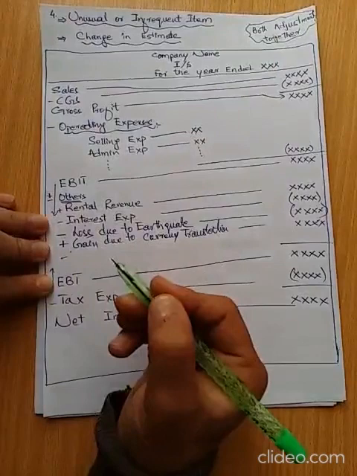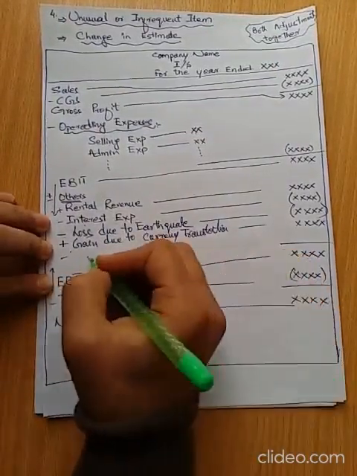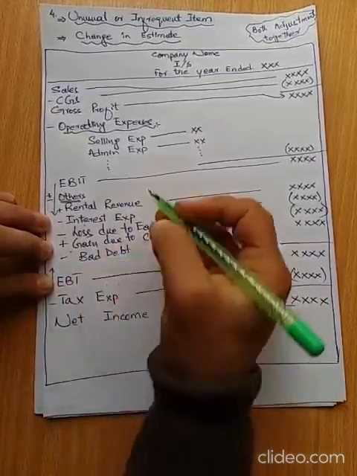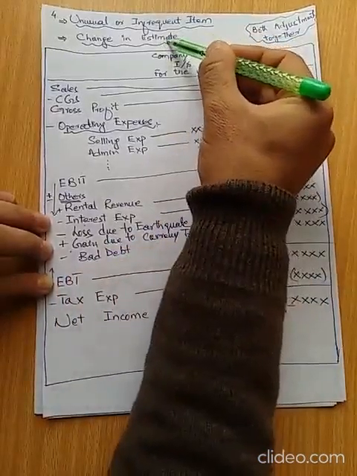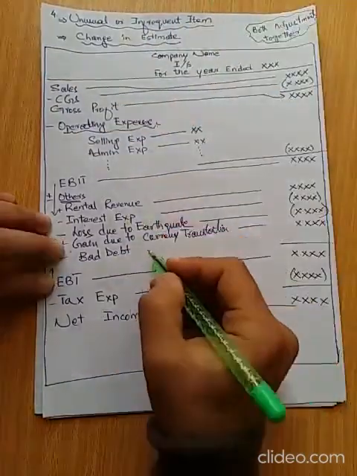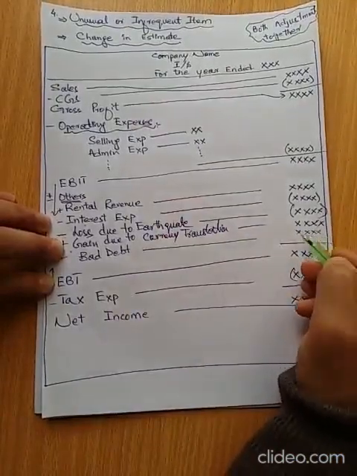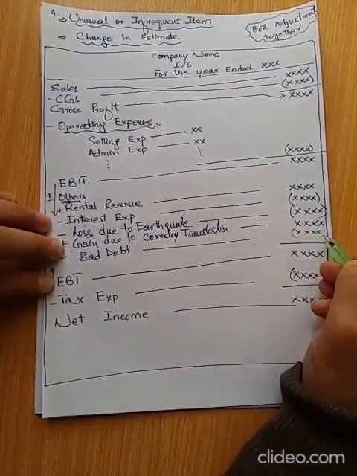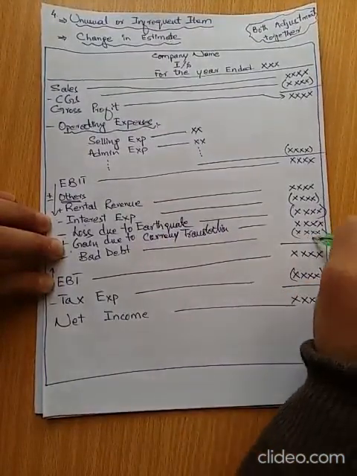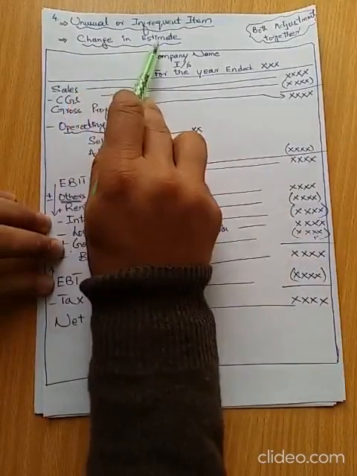So I will write here minus, and then I will write loss due to uncollectible, or you can say bad debt expenses. Why? Because my estimation has changed. I estimated previously 2,000, now it's 1,000 more. So I will only write 1,000 here, not the complete 2,000, because that is the change in my estimate.